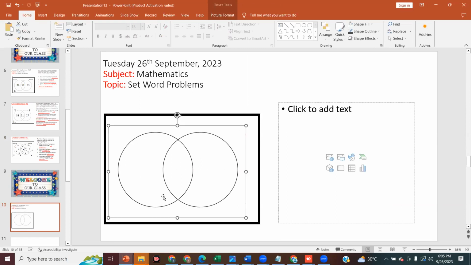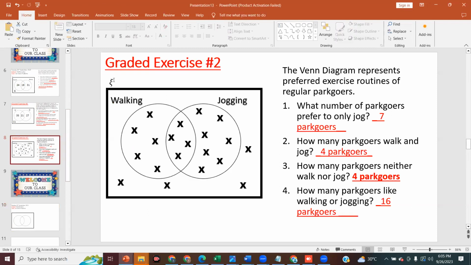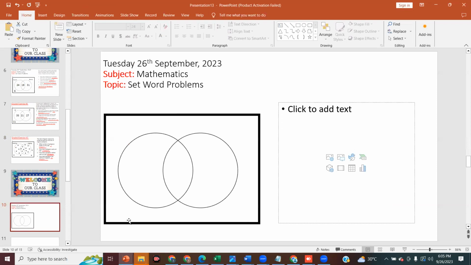All right, so please draw this Venn diagram. We do not want to forget our universal set, so we should put that right there. This symbol means the universal set.